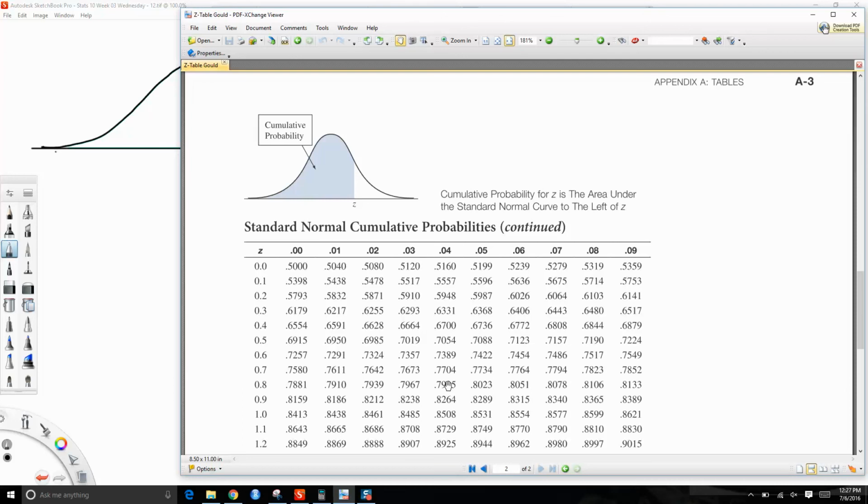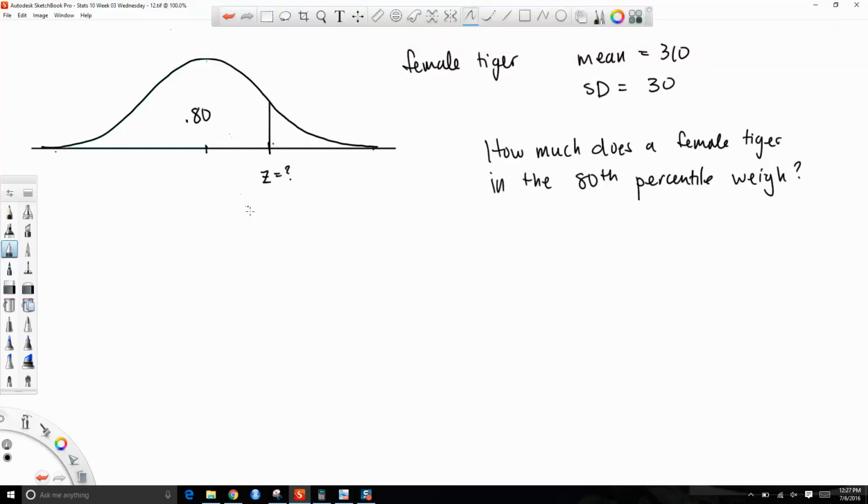So our z-score is 0.84. You don't want to use z equal to 0.8. Z is not 0.8, but it's the z that gives me an area of 0.8, which is z equal to 0.84.